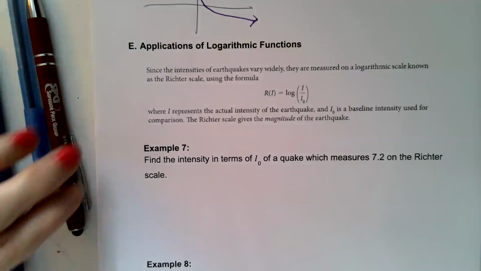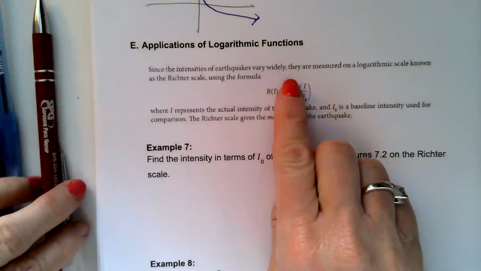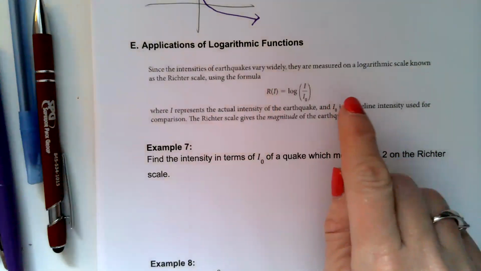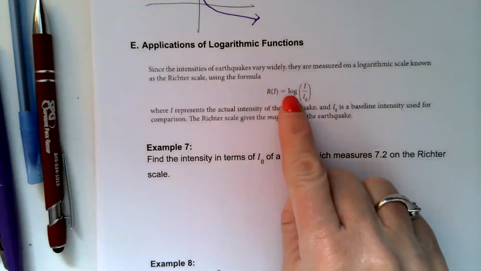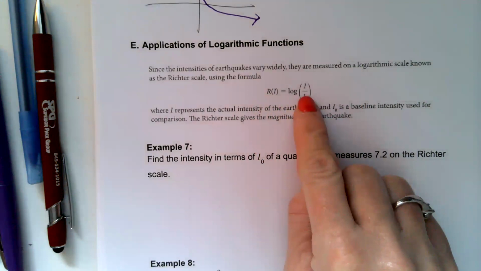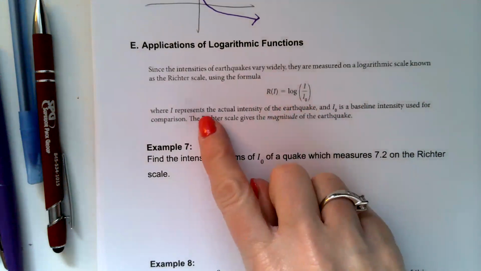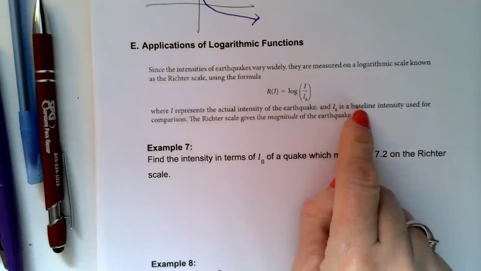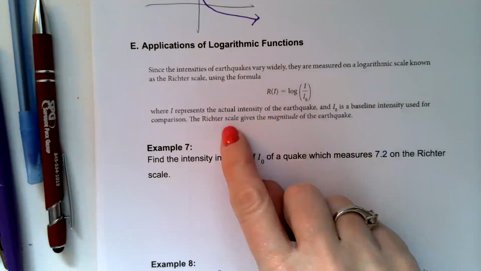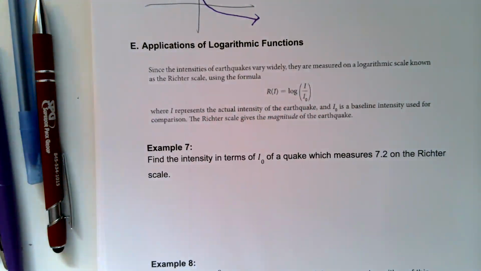It says, since the intensities of earthquakes vary widely, they are measured on a logarithmic scale known as the Richter scale. And we use this formula here. We take the log of I over I0, where I represents the actual intensity of the earthquake and I0 is a baseline intensity used for comparison. The Richter scale gives the magnitude of the earthquake. So it says, find the intensity in terms of I0 of a quake which measures 7.2.